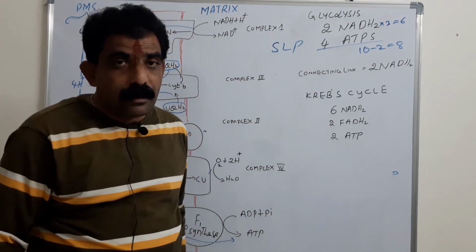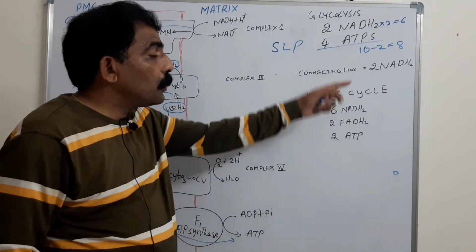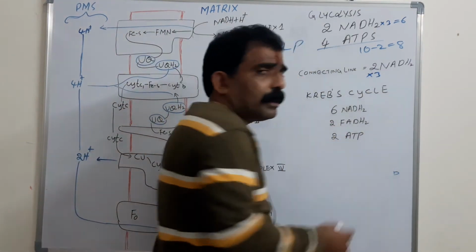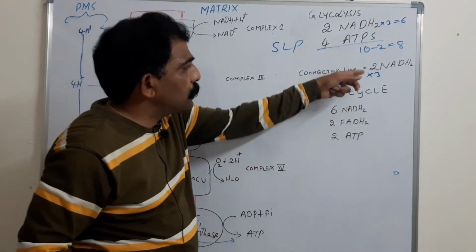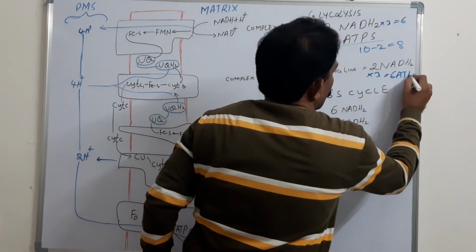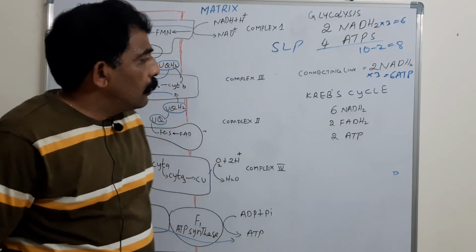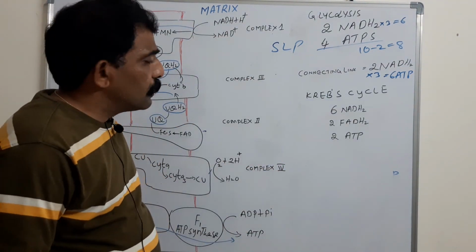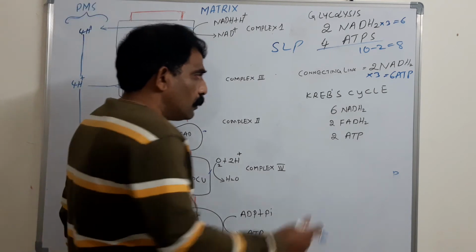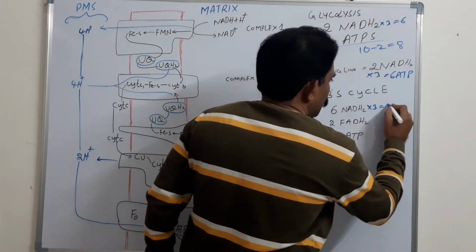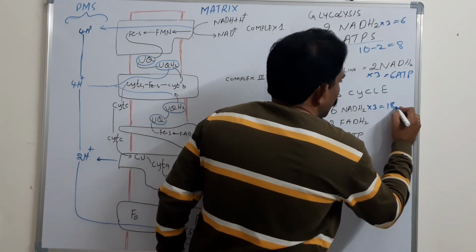Connecting link reaction: how many NADH2 are there? 2 NADH2. 2 NADH2 into 3 ATPs equals 6 ATPs. Coming to the Krebs cycle, how many NADH2 are there? 6 NADH2, and 6 into 3 ATPs equals 18 ATPs.